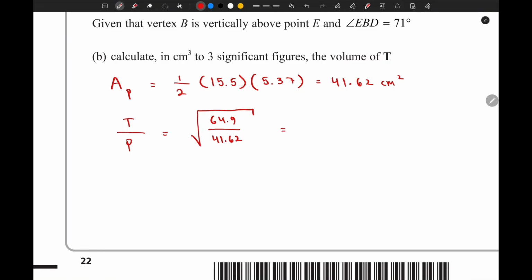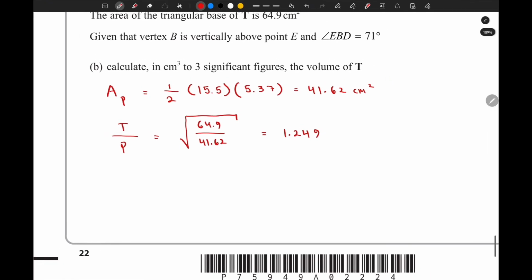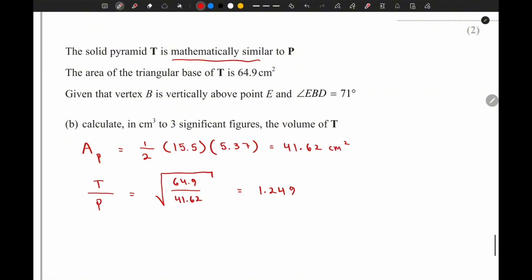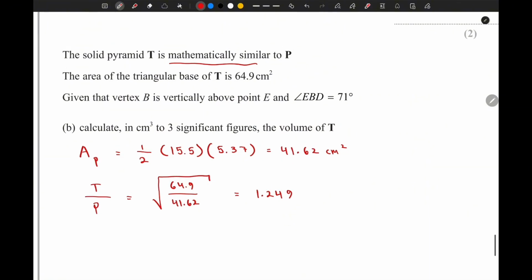So this is equal to the square root of 64.9 divided by 41.62, which is around 1.249. This is the scale factor, basically the ratio. Now we just need to find the volume of T.